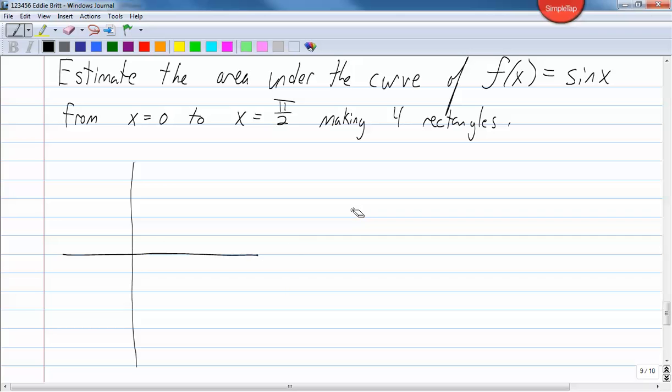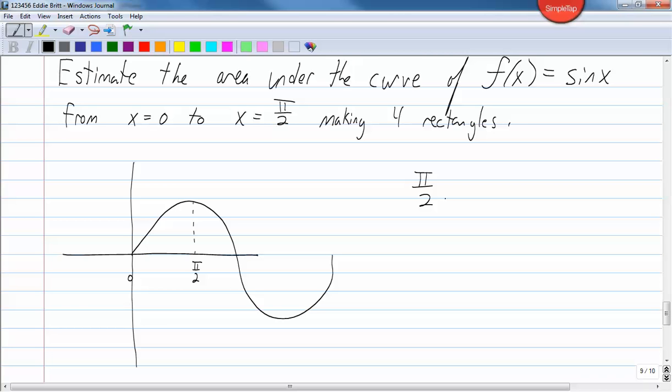So here's our sine curve here. Goes through the origin, so it kind of looks like that. We're just talking about this region, say from x equals 0 to x equals pi over 2. Now, making 4 rectangles, what is the width of the entire figure from 0 to pi over 2? How many units is that between 0 and pi over 2? Pi over 2.